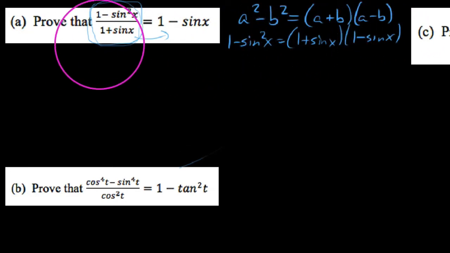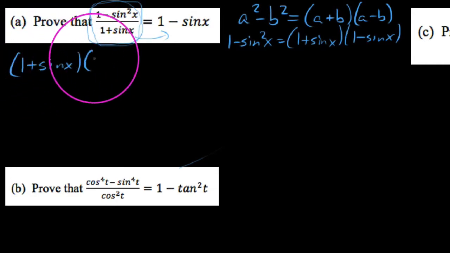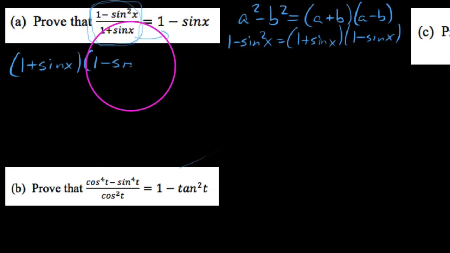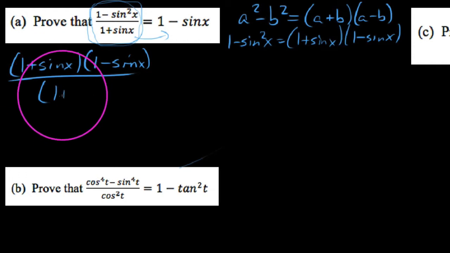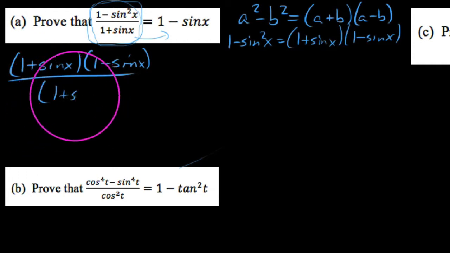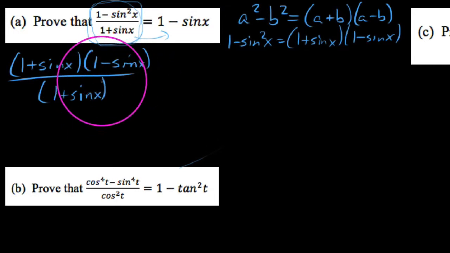So that being said, we can take this expression on the left and rewrite it as 1 plus the sine of our angle times 1 minus the sine of our angle, and this is all over 1 plus the sine of x on the bottom. The nice thing about this is, algebraically speaking, we factored it down.